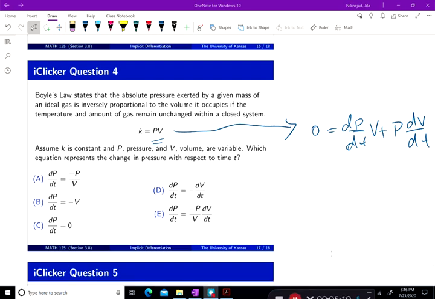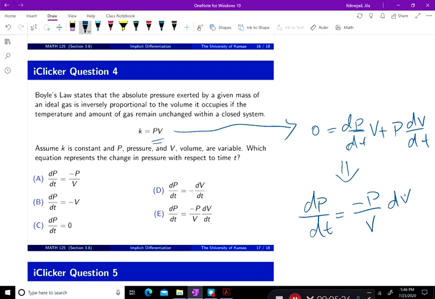I see that the options are solving for dP/dt, so I solve for dP/dt, and that gets me negative P over V times dV/dt, and that's option E.